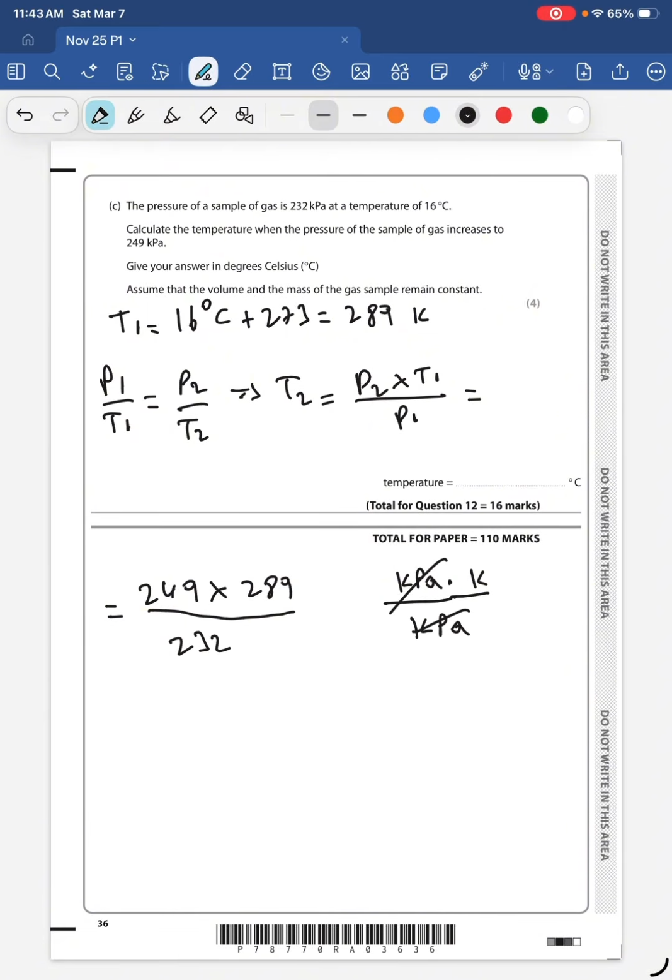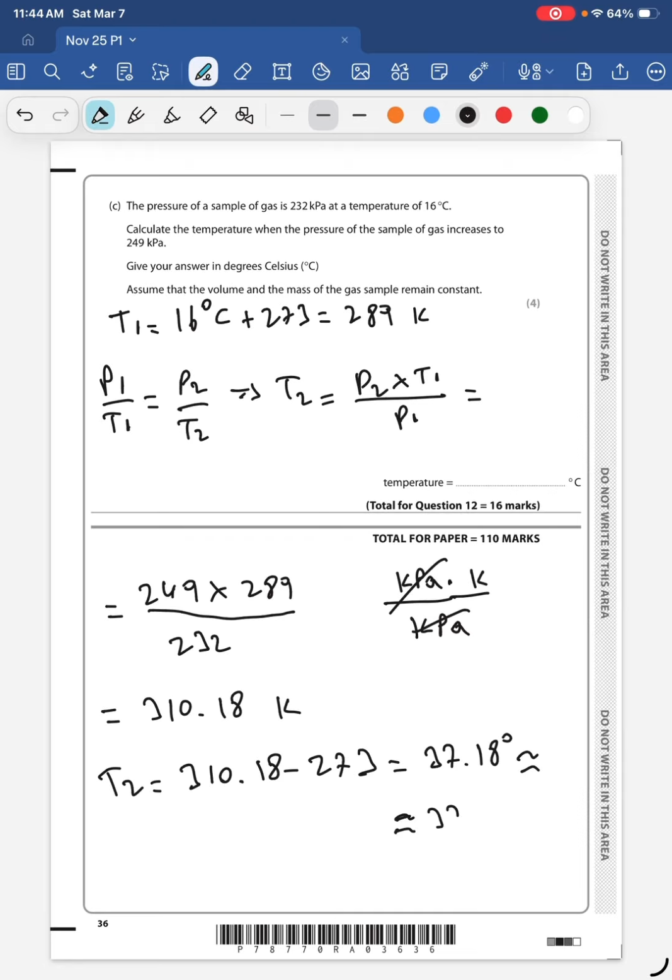So kilopascals cancel, and we find 310.18 kelvin. So T2 is 310.18 minus 273. This yields 37.18 degrees Celsius, which is about 37.2 degrees Celsius.